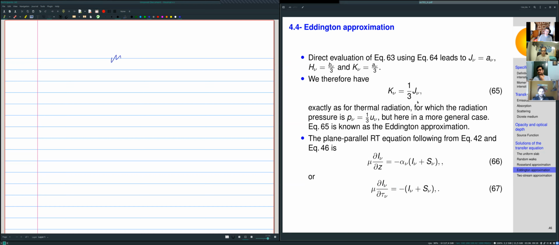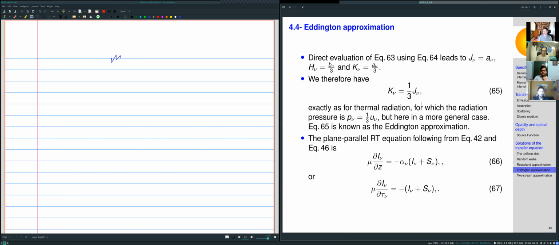The idea is to say that if the field is nearly isotropic, it's not quite a thermal radiation field, we only require that it's close to isotropic. So if it's close to isotropic, then equation 65 should hold to first order, but to some degree of approximation.